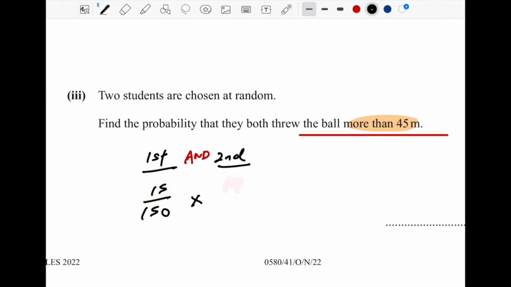So 14, because of minus 1. Same thing here, the total will not be 150 anymore because the first student has been chosen, so we have only 149 students to be chosen overall. That's the answer. Then you should have 7 over 745 or anything equivalent.